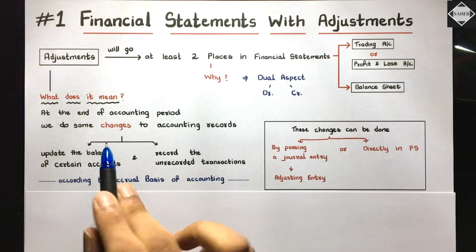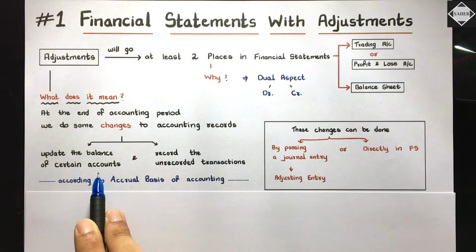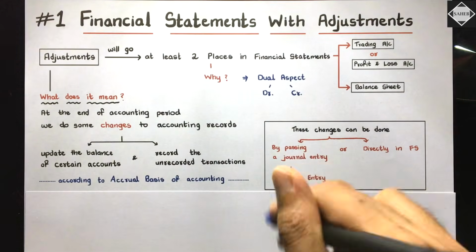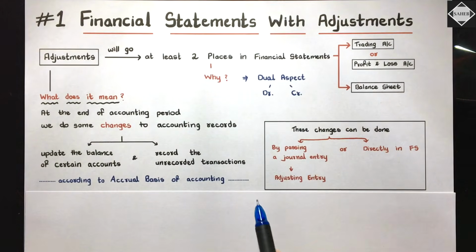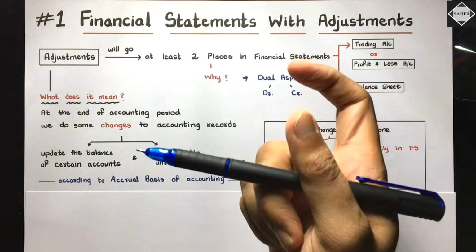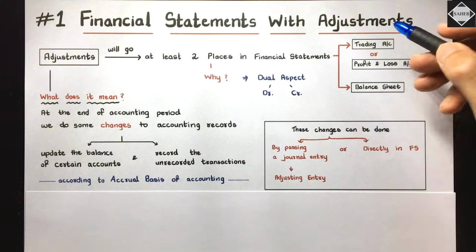We must do some changes to accounting records, like to update the balance of certain accounts and record the unrecorded transactions on that day when we are preparing financial statements, so that our financial statements are accurate. They are in accordance with the accrual basis of accounting. That is the logic. Okay, why we always have to do the adjustment?